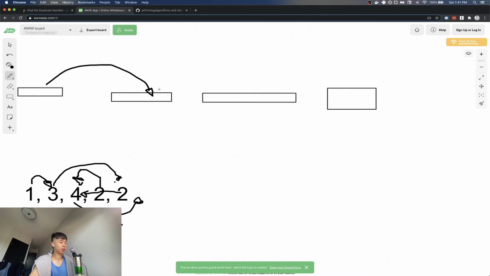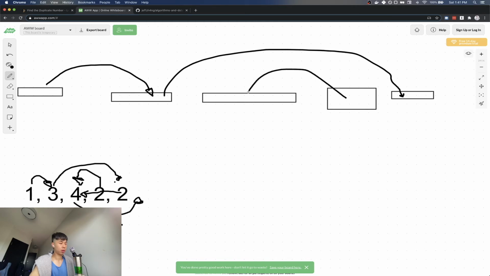So I'm going to draw this with a linked list to see if I can picture this better. This goes here, and then we have something like this, and then we have something like this. Oh, but they're between 1 and n inclusive.